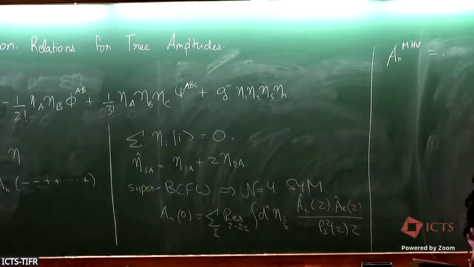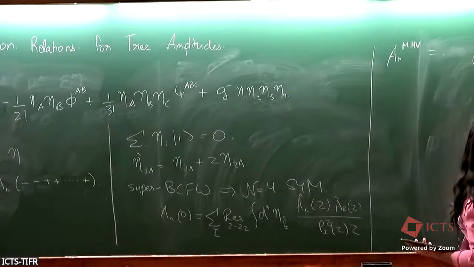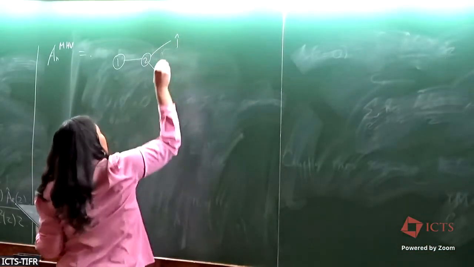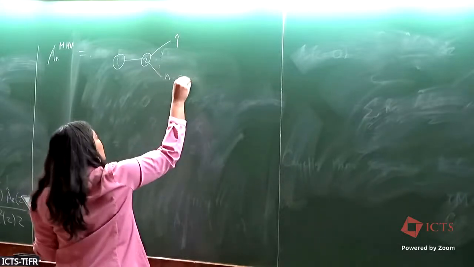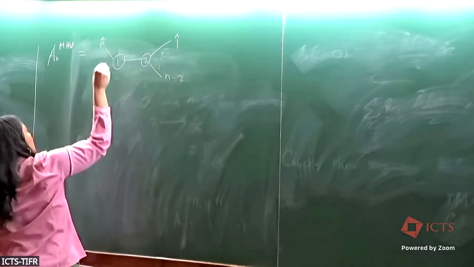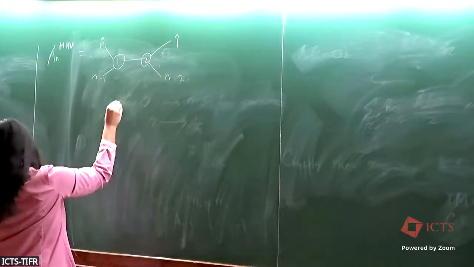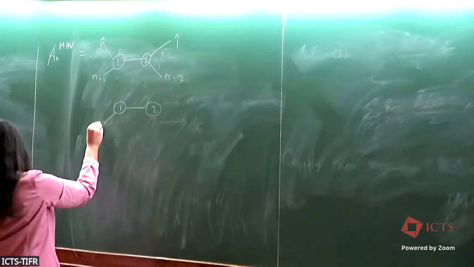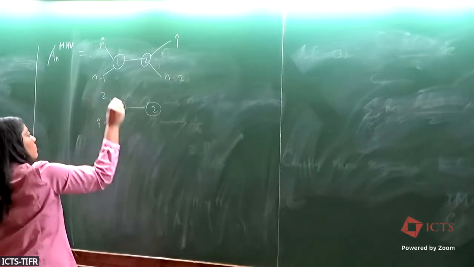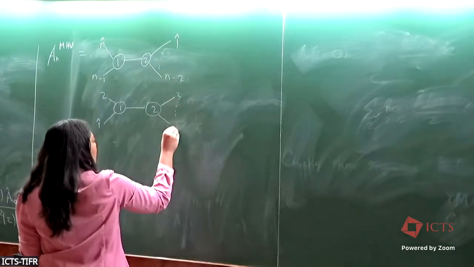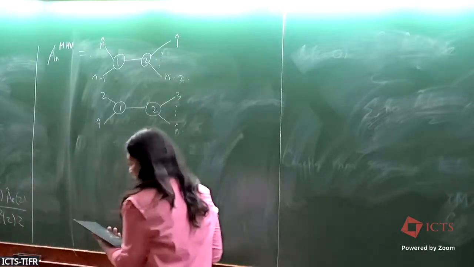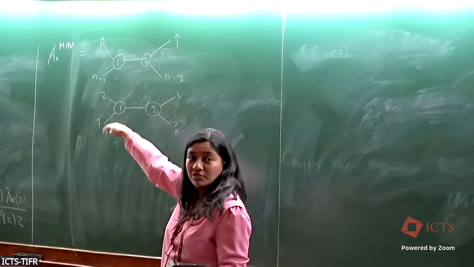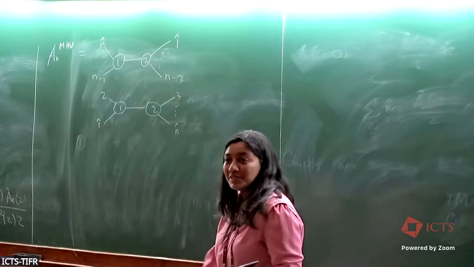Okay, so, can anyone tell me which one of these diagrams is actually the right contribution to MHV in BCFW?